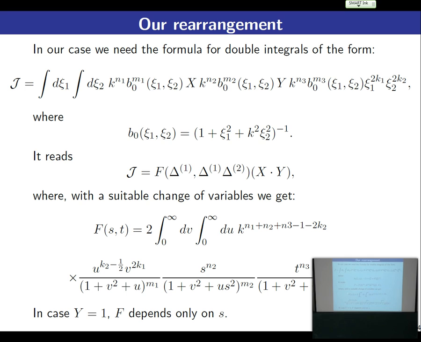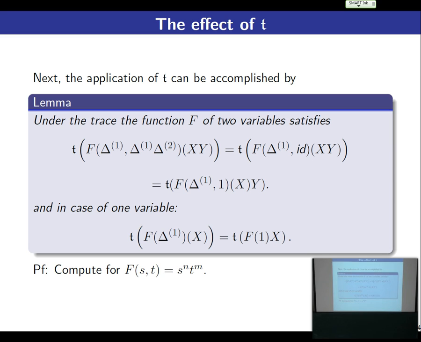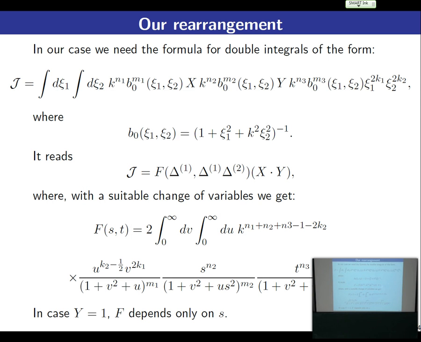And this function, as in the case of Lesch in general, has the property that when y is 1, when this collapses to 1 point, f is a function of one variable, okay? So in case y is 1, f depends only on one variable and has the same definition, okay? So now one should also apply the trace to expressions like that, okay?